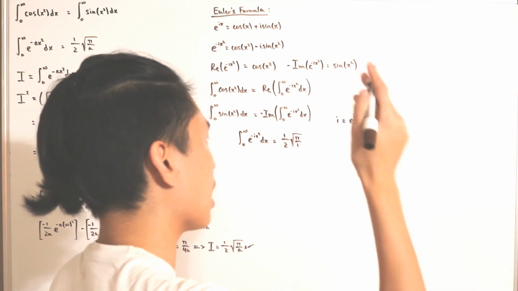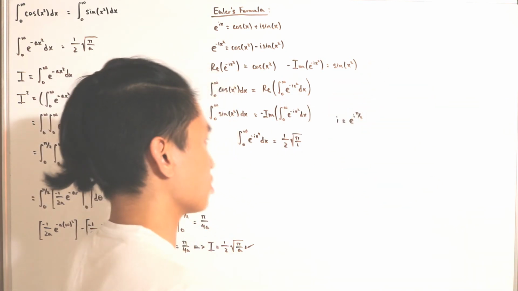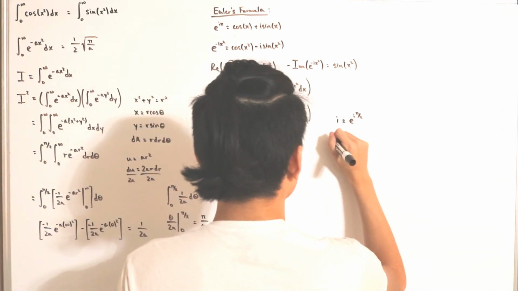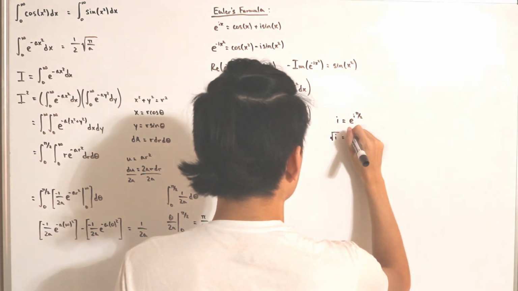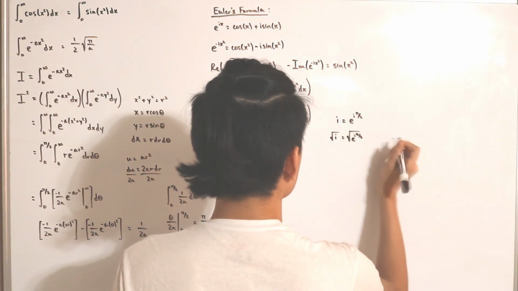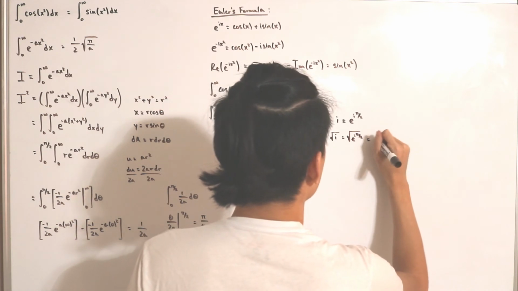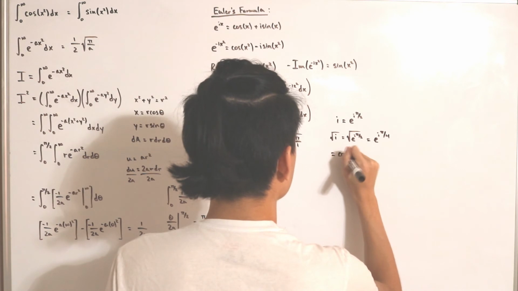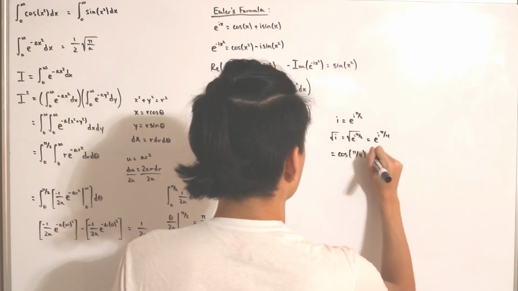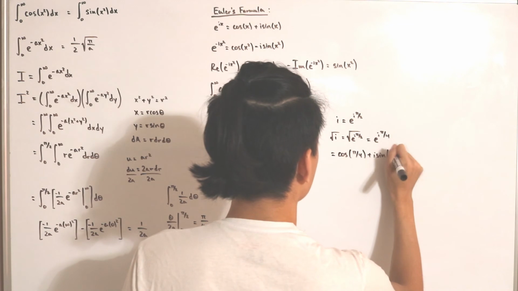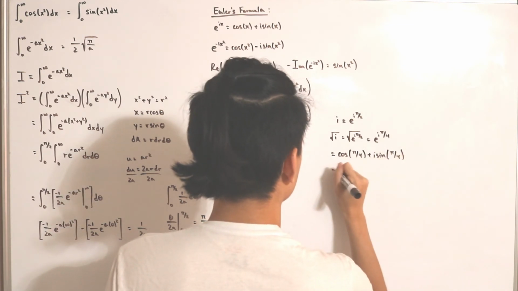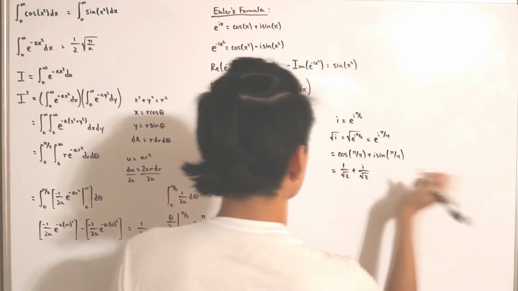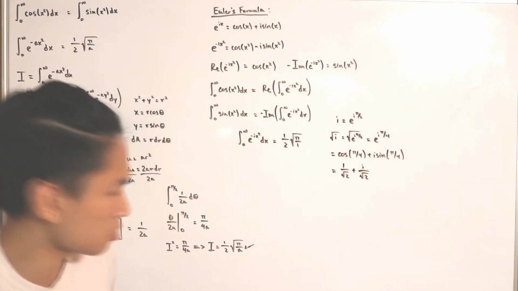Now we take the square root of i, and we get the principal value, which is the square root of e to the i pi over 2. That's also the same thing as e to the i pi over 4, which is equal to cosine of pi over 4 plus i times sine of pi over 4. And that's also equal to 1 divided by the square root of 2 plus i divided by the square root of 2. Okay, cool. So we have that.